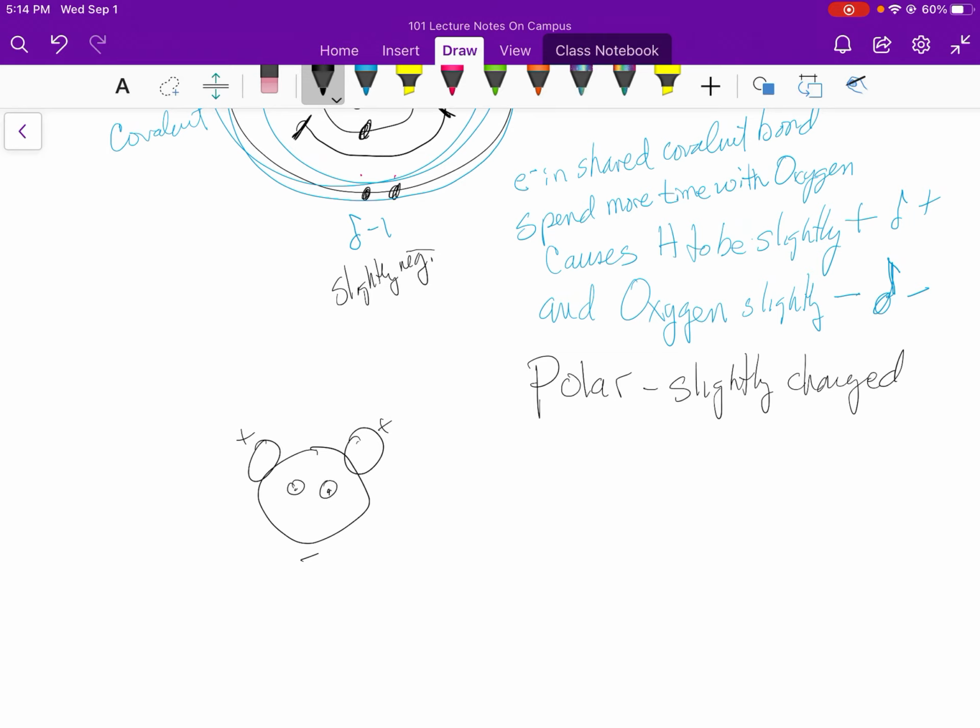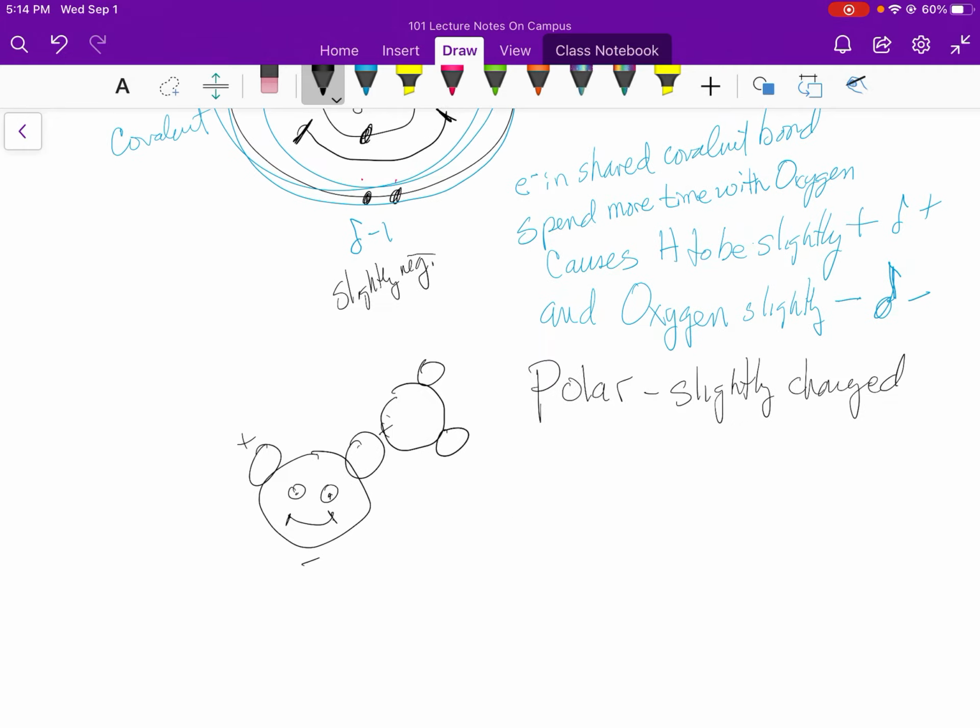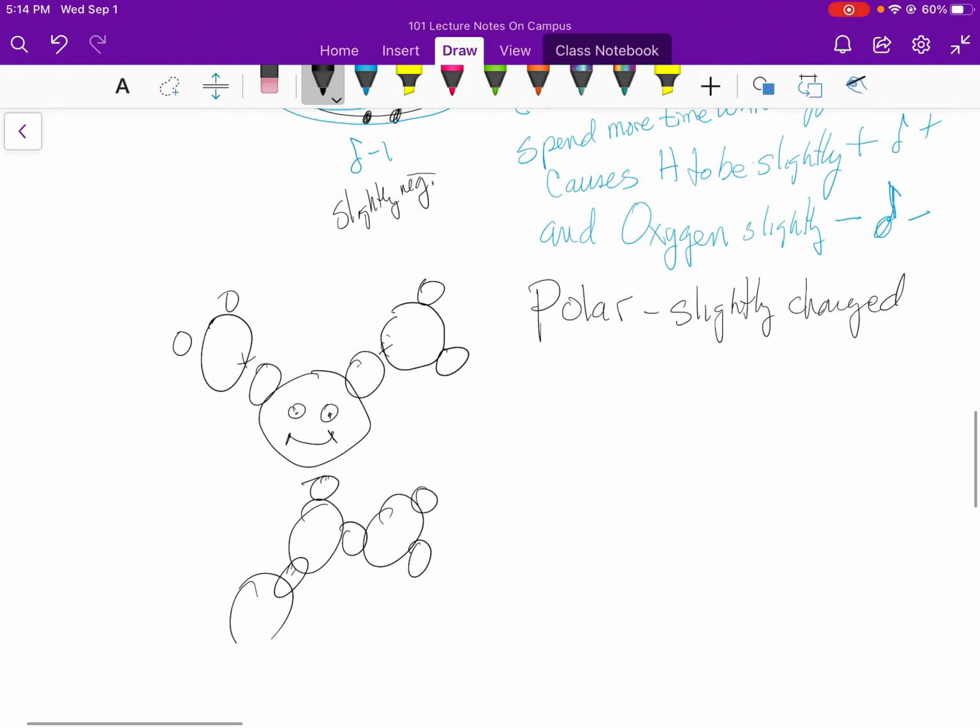I can't resist putting eyes on this thing, so I'm going to go ahead and do that. But all that means that when they're next to each other, the chins and the ears come together and they line up. And you'll always have a chin next to an ear, and an ear next to a chin, and a chin with ears, and an ear, and then an ear with a chin.